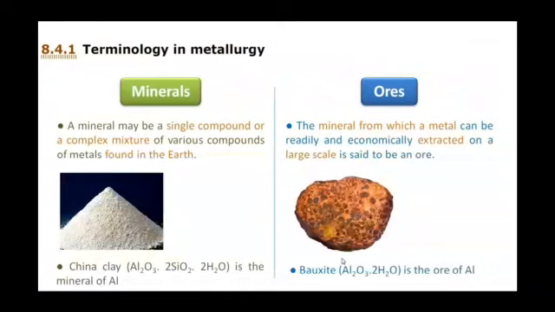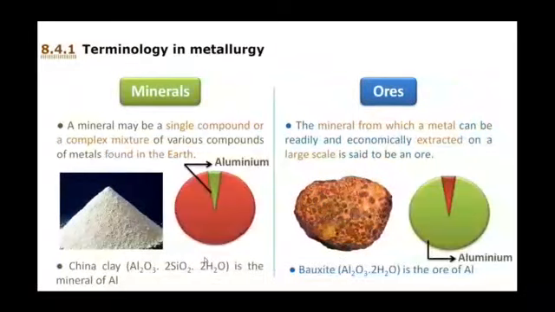Only bauxite is the ore. The reason is the percentage of aluminium which we get from China clay is lesser, while the percentage of aluminium obtained from bauxite is larger. That's why bauxite is said to be the ore of aluminium.